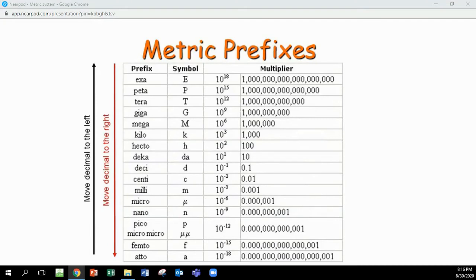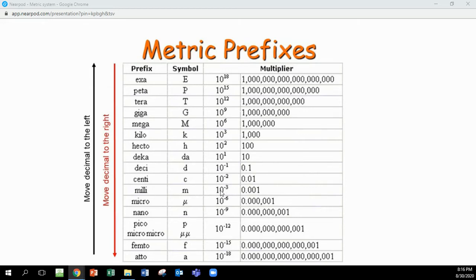Okay, going back to the same slide, there's something I want you to notice. I want you to notice the pattern for the multiplier that these metric prefixes have. Let's look at deci. Deci is 1 times 10 to the minus 1, or 0.1. If you go down to centi, it's times 10 to the minus 2, or 0.01.